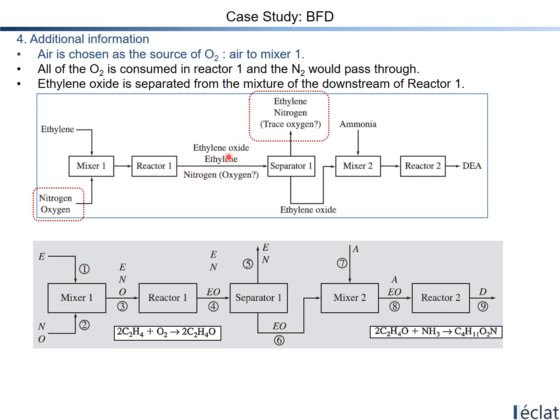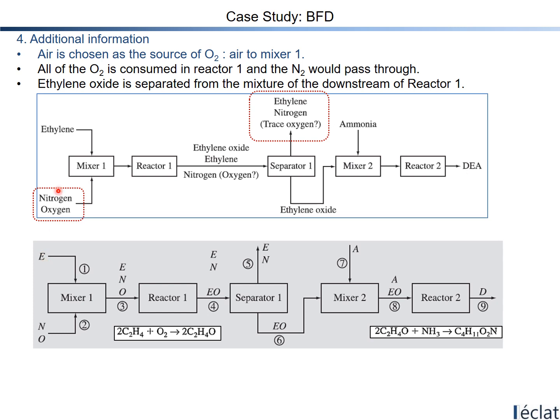While still, we should think about a tiny amount of oxygen. So we have one more role of separator 1. Separator 1 should separate the ethylene oxide from the mixture of ethylene and nitrogen and oxygen. So it is going out of the separator 1. So this is the block flow diagram.